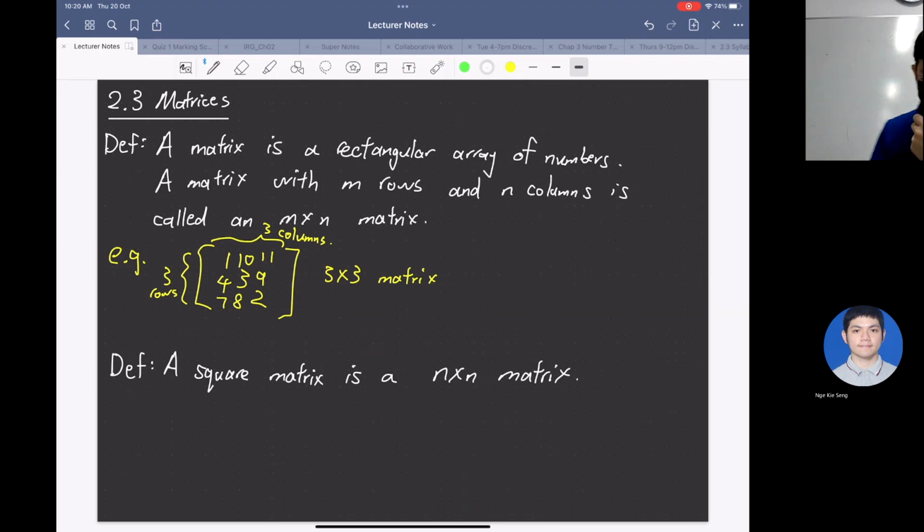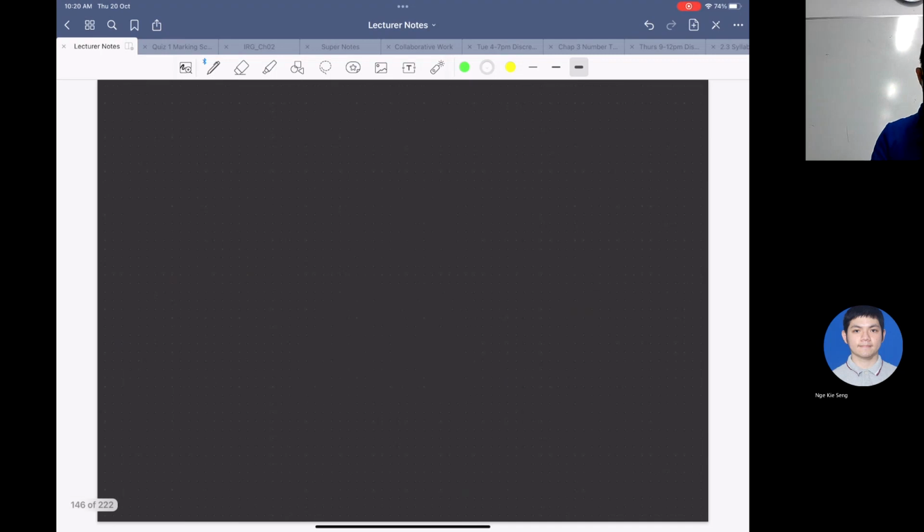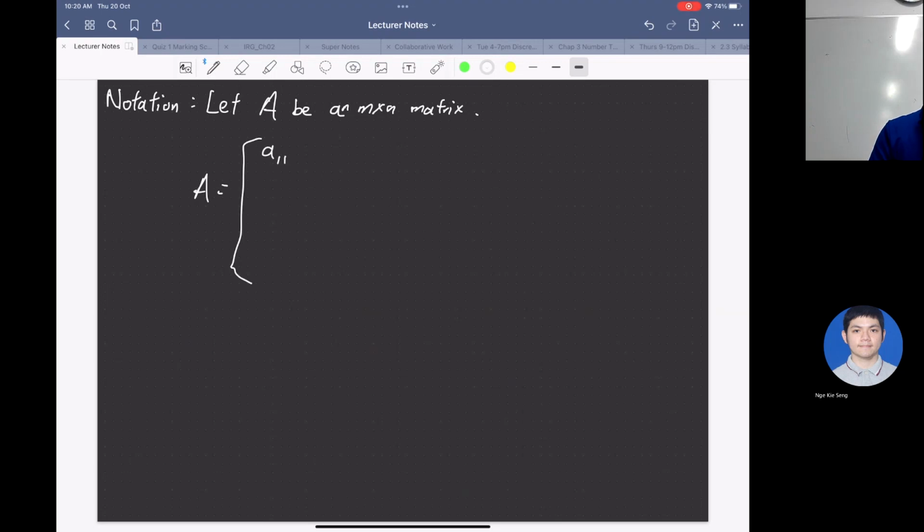One useful notation you need to learn for matrices is that we can label every entry. The first entry we label A11. Let's say we have an m by n matrix. The second entry we label A12, and so on until A1n.